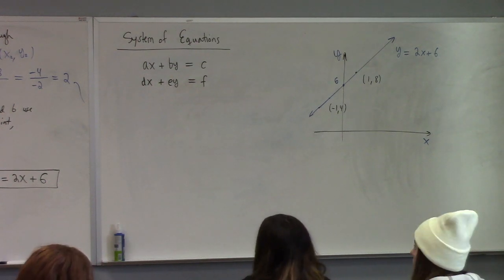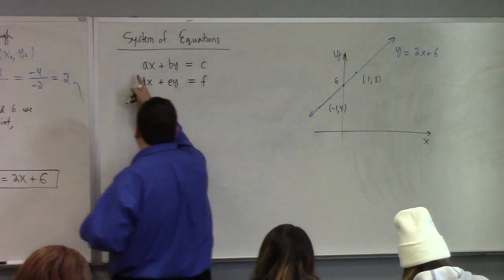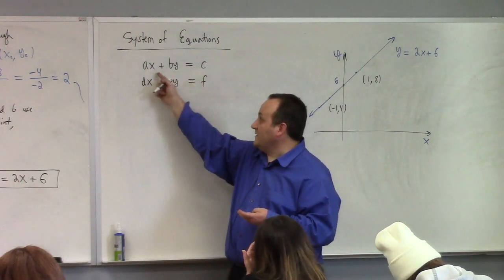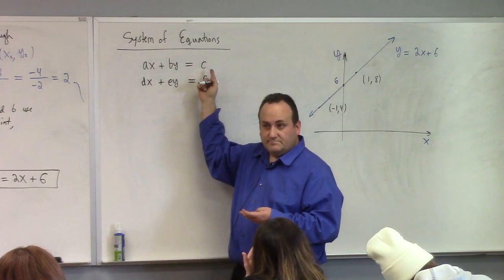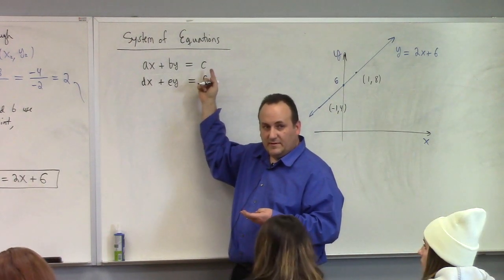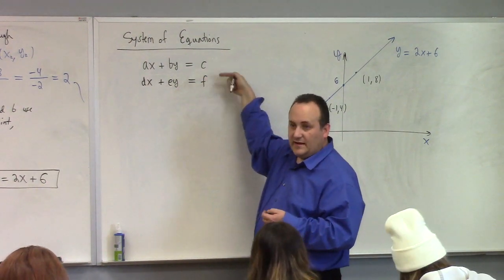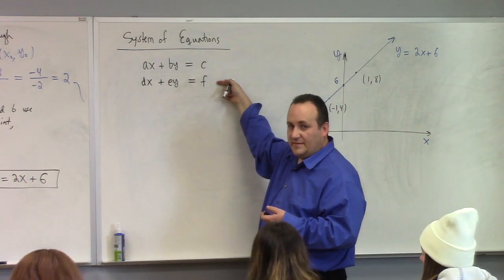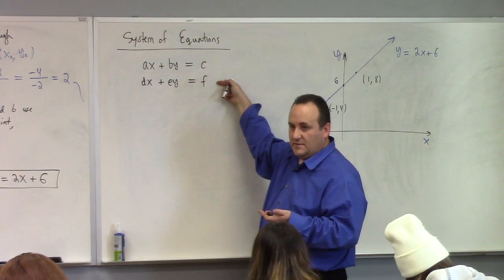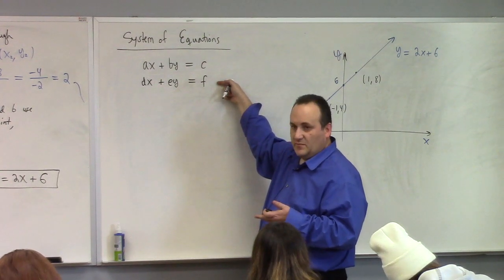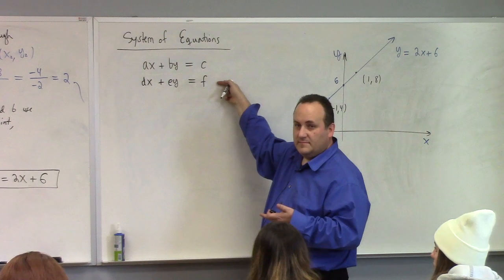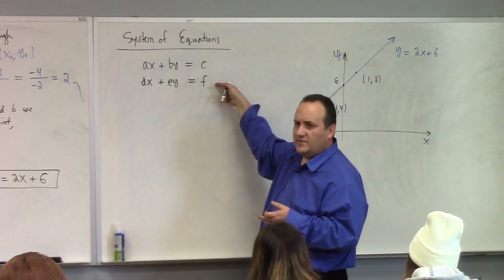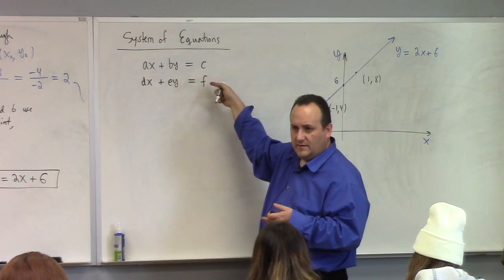You take these equations and solve for y, and you get a line from the first equation and a line from the second equation. If those 2 lines have the same slope, but not the same y-intercept, there's no solution. If the two lines have different slopes, they intersect at one point. All right? So the next order of business is to learn how to solve systems like this. How are we going to do that?